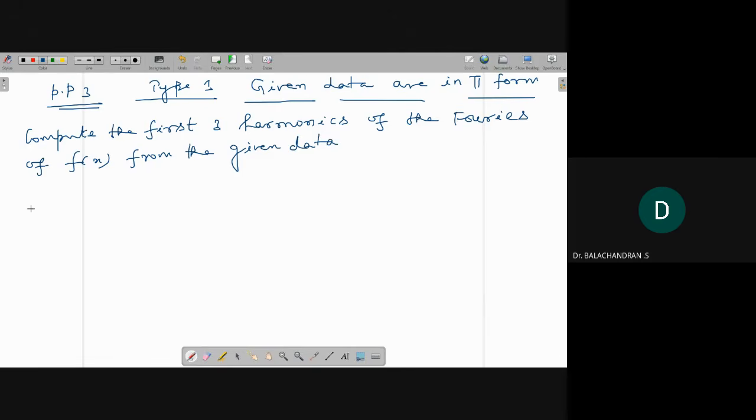The x value is given and y equal to f of x is also given.